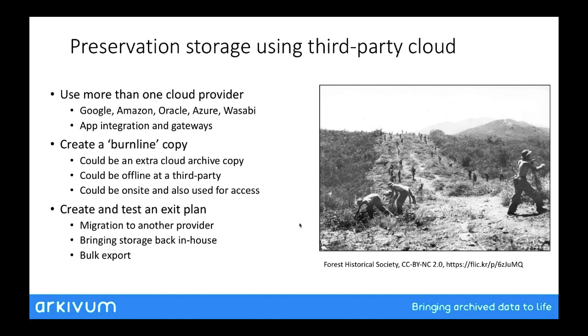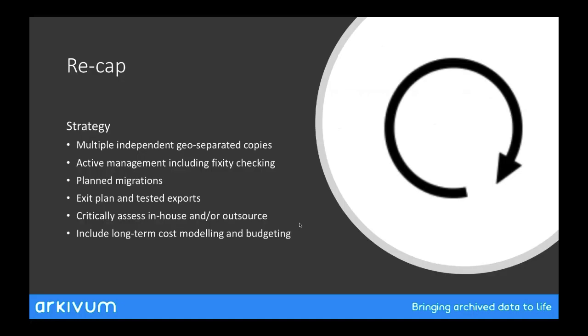Make sure there's an exit plan that you can test so you can migrate back in-house or to another provider, or create a burn line copy. So that's something that is completely independent of the cloud provider that you're using. And it could be an in-house copy that you have, it could be another cloud copy, it could be on site. And that means if everything goes wrong, then you've got something to fall back on and to recover from. And that's an important part of disaster recovery.